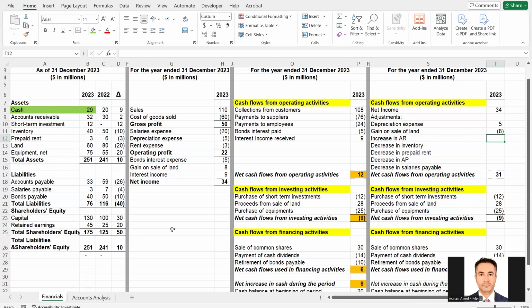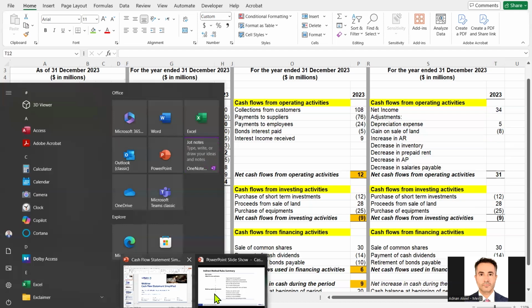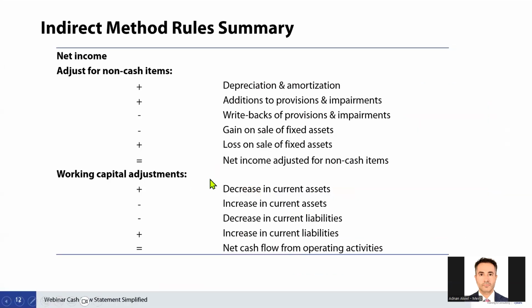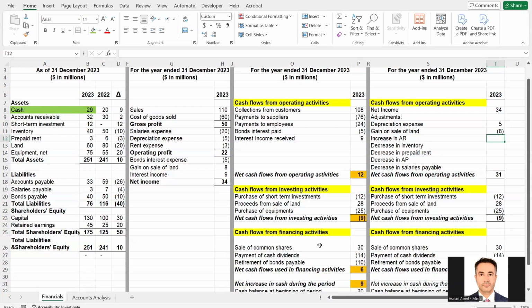Again, just a reminder, here I am applying the rules that we have just explained. These are the rules. So now account receivable increased. This needs to be taken out. This is a deduction. So this is negative, the change, the 2.